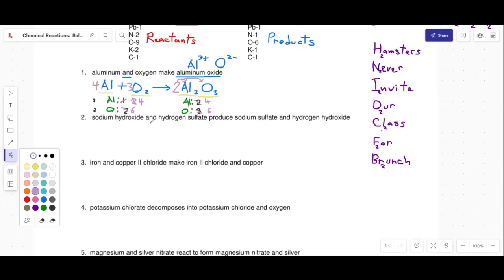Now, in truth, some of these names are not properly the names of the elements or compounds. We would never call hydrogen hydroxide hydrogen hydroxide, because hydrogen hydroxide is HOH, or in other words, water, H2O.